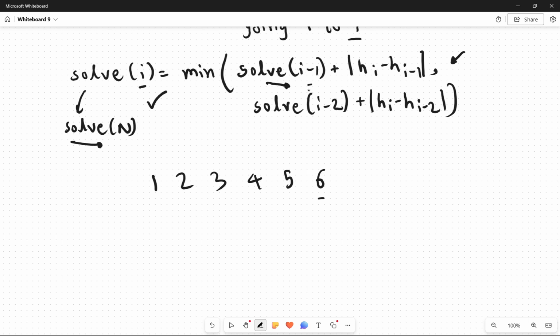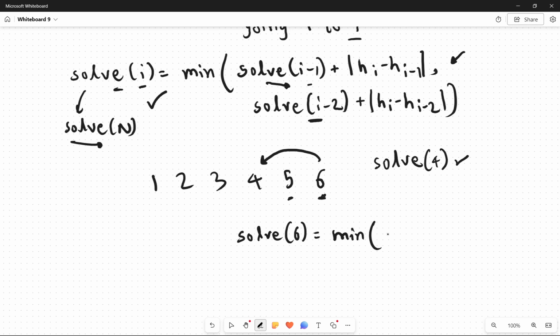And where we will use dp is that, suppose for 6 I will calculate solve of 4. According to this, solve of 4 is calculated and returned to solve of 6. But when solve of 6 calls solve of 5, it will be minimum of solve of 5 plus some value v1 comma solve of 4 plus some value v2.